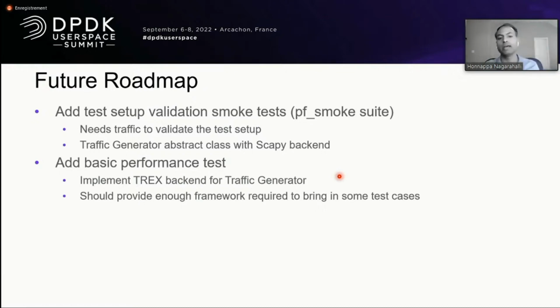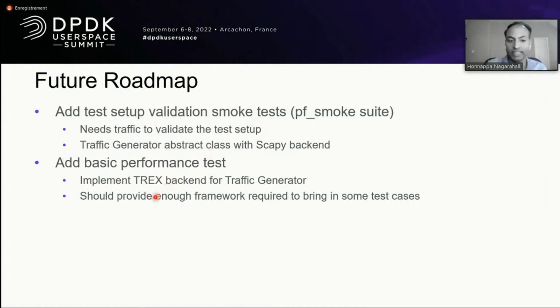So this would require us to run some traffic between the traffic generator and the SUT. So we are thinking that we will have this traffic generator abstract class with Scapy backend implemented. And this traffic generator abstract class would allow us to plug in any other traffic generator. So we are thinking that adding this smoke test would be a good first step to introduce some basic performance test.